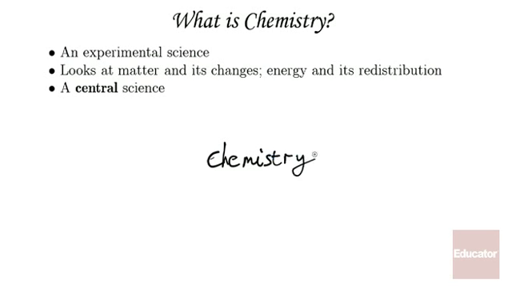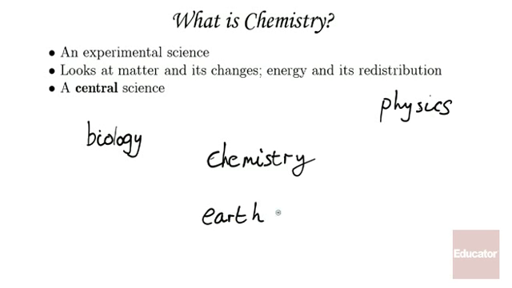And other sciences with which you're familiar, physics, biology, earth sciences or geology. In every one of these other sciences, there's a powerful link to chemistry. Let's trace those links one by one.